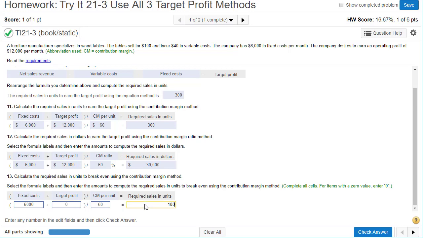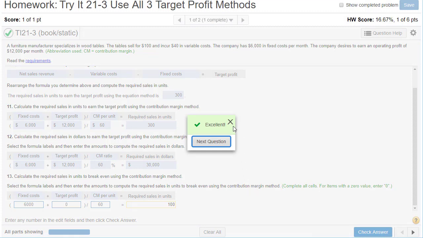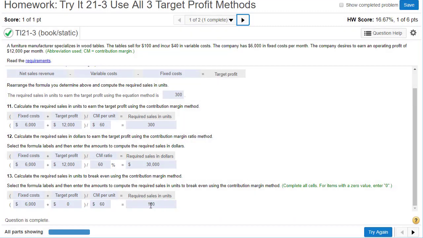So that's just 100. So what this means is the company needs to sell 100 units just to break even. And if they want to have a target profit of $12,000, they need to sell 300 units. And if they sell 300 units, that's the same as having revenue of $30,000.